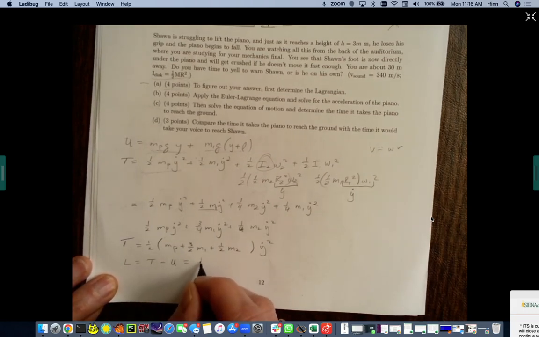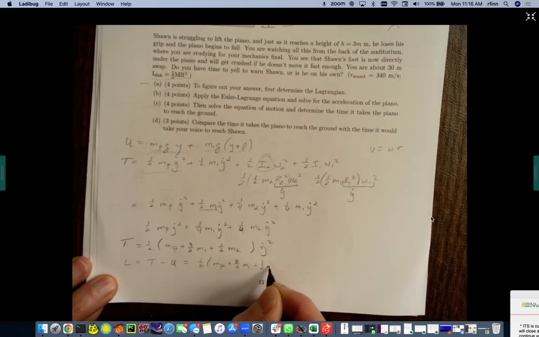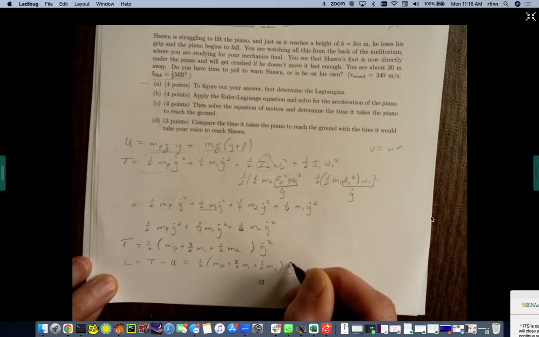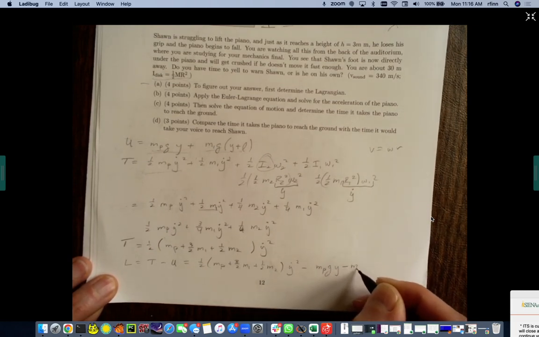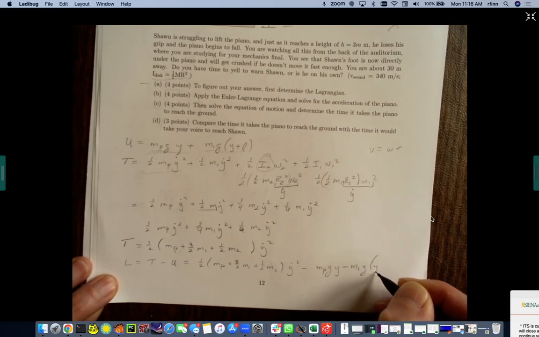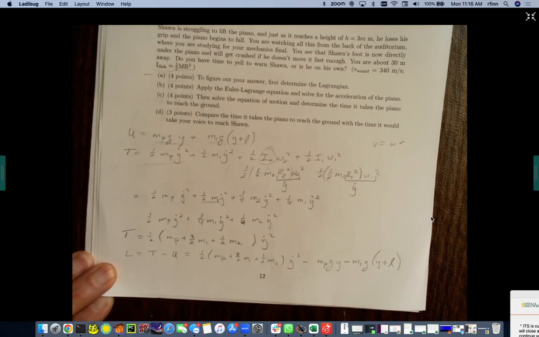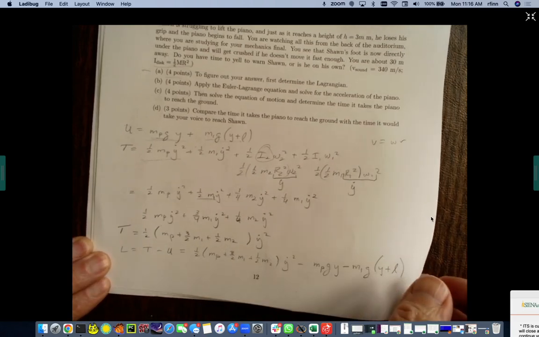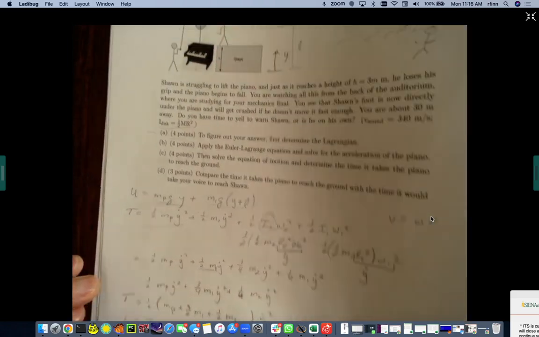So we have 1/2 (mp plus 3/2 m1 plus 1/2 m2) y dot squared minus our potential energy, mp g y minus m1 g (y plus L). Let's put that on the next sheet and crank through.